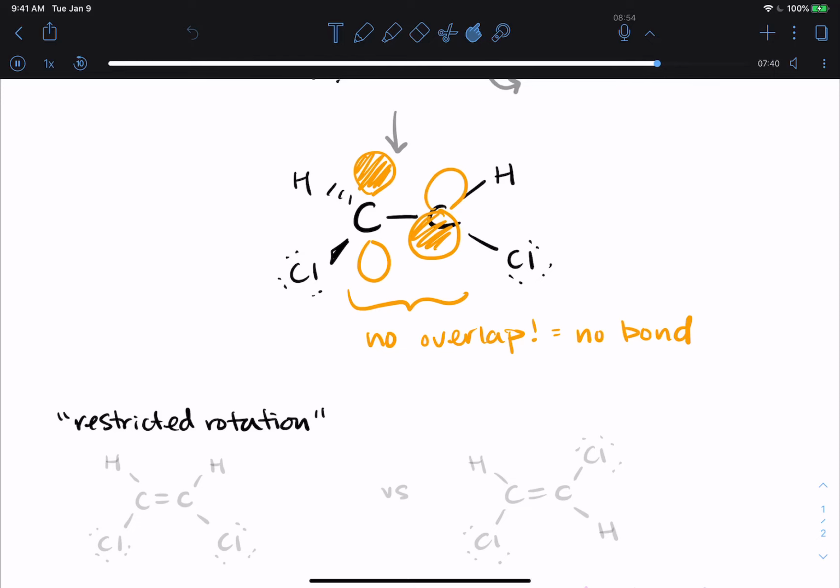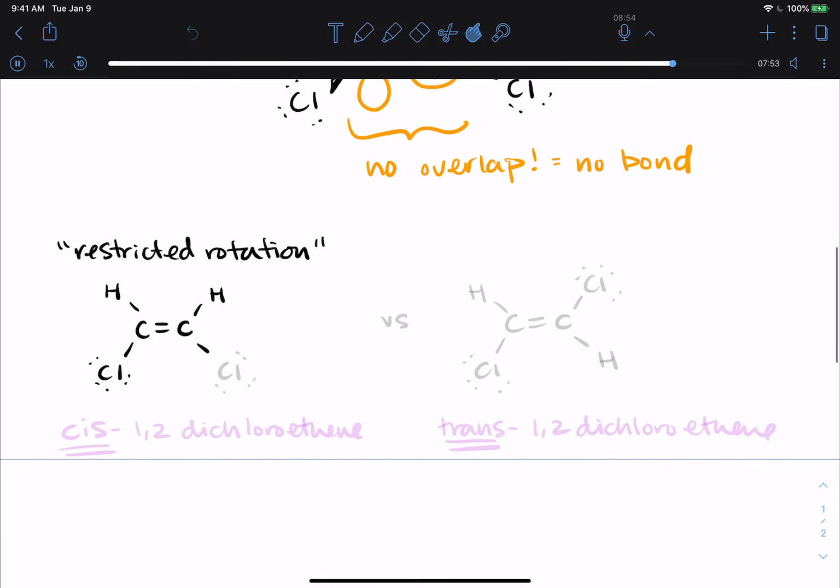For our case here that has the double bond, if we draw the version with both of the hydrogens on the same side of the double bond, my chlorines down, it is different from if we were to draw this molecule with hydrogen and hydrogen on opposite sides and the chlorines on opposite sides. And this is different enough that we have different ways of naming it.